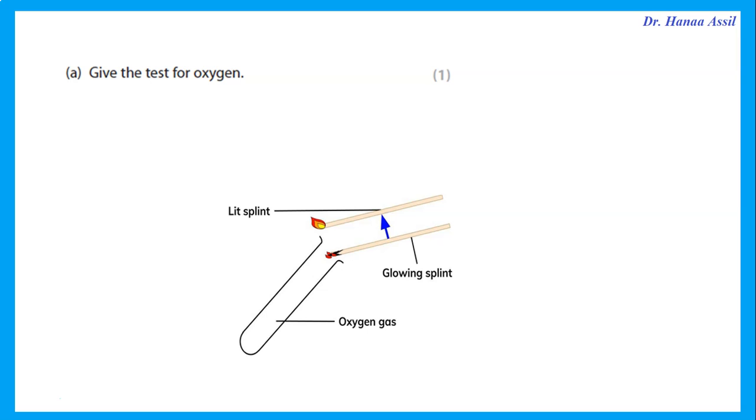You should know that. Testing for oxygen, I use a glowing splint. Insert a glowing splint, it relights. That's the test for oxygen. If we were talking about hydrogen, we would say insert a lighted splint, it pops.